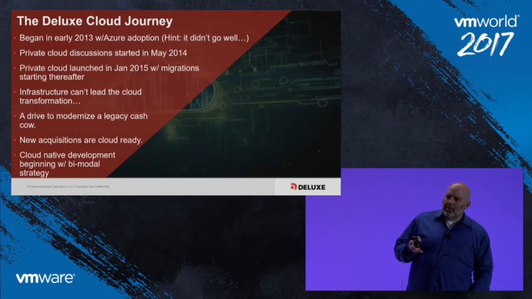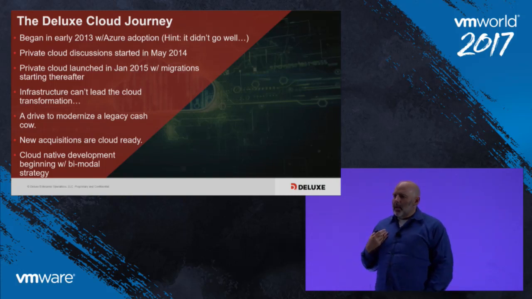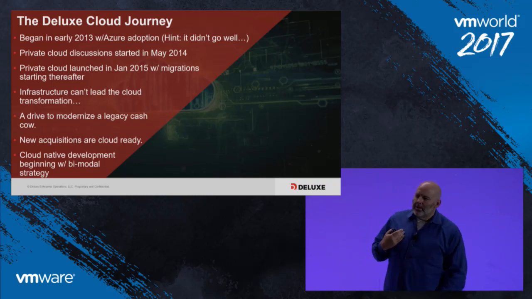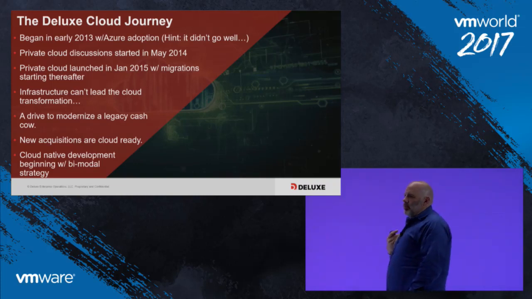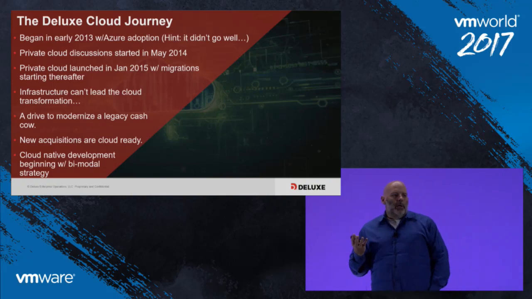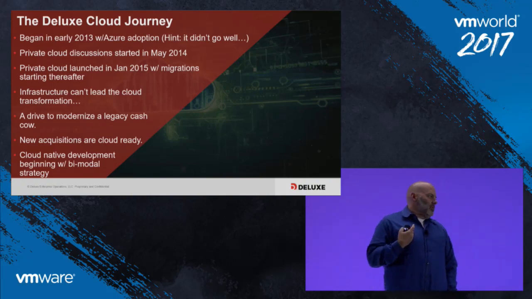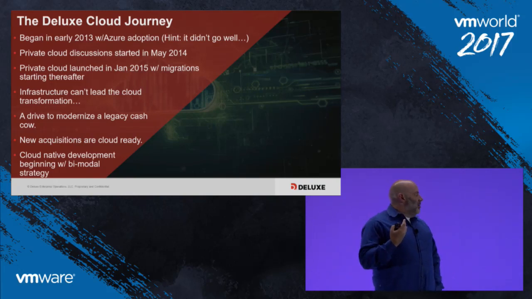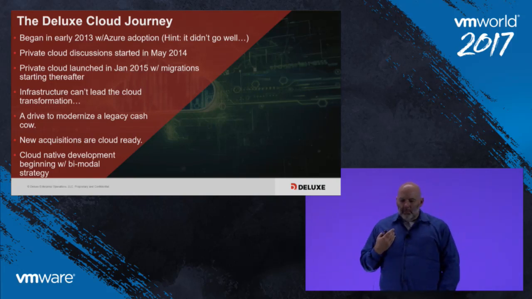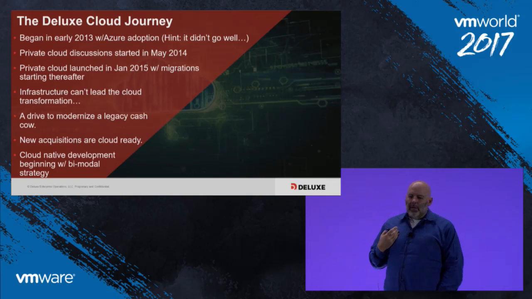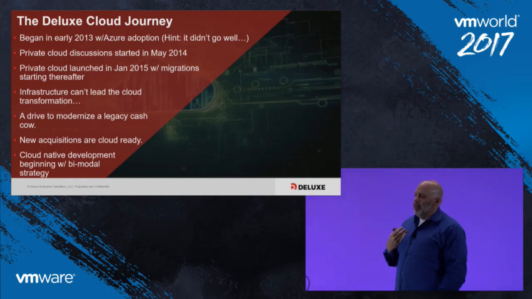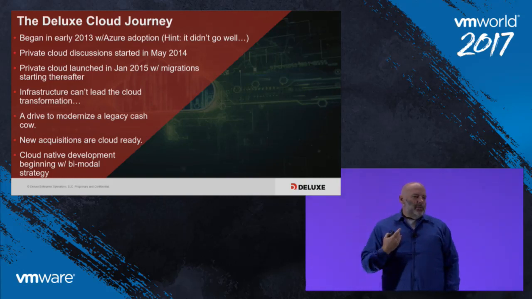The first 6 months that I was there, I was an independent contractor hired to deploy Microsoft Azure. Deluxe had purchased an Azure subscription with an Office 365 agreement. I was one of the guys at the time who had Azure experience, and so Deluxe hired me to help migrate some applications that they had into Azure.